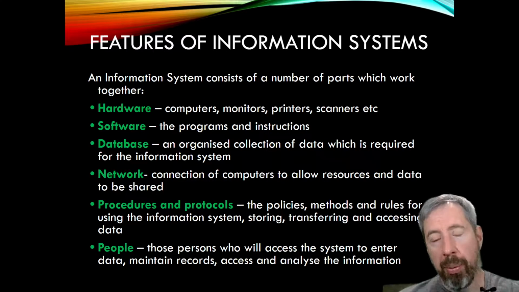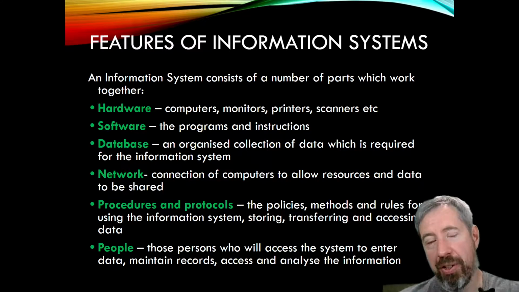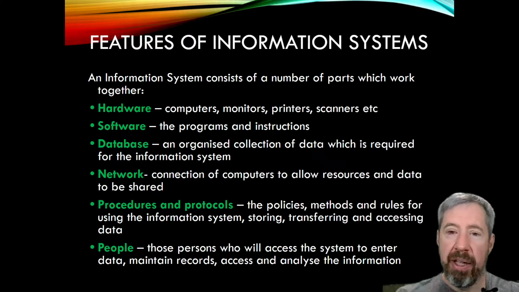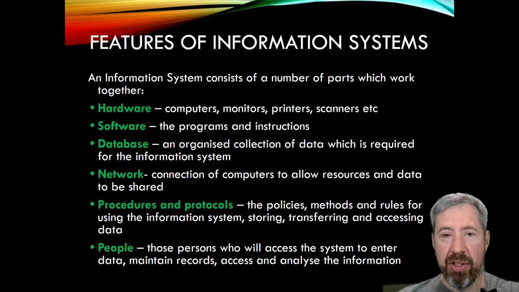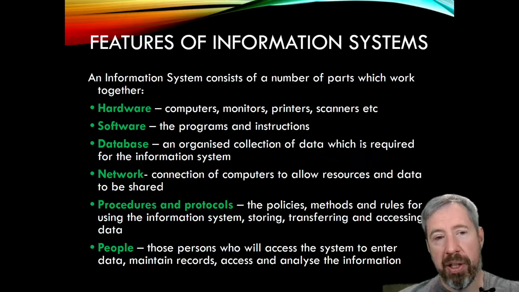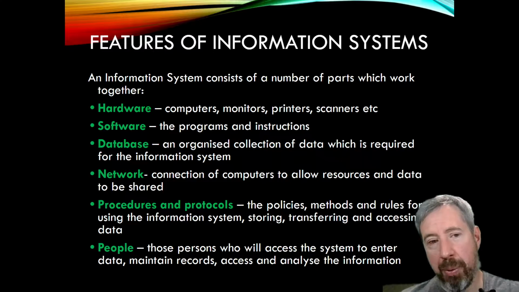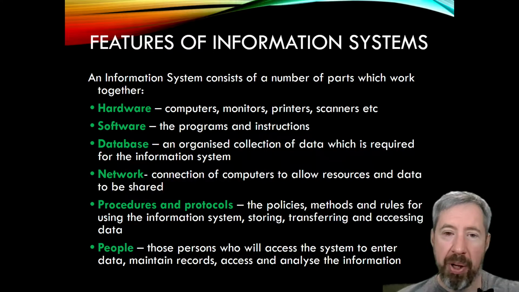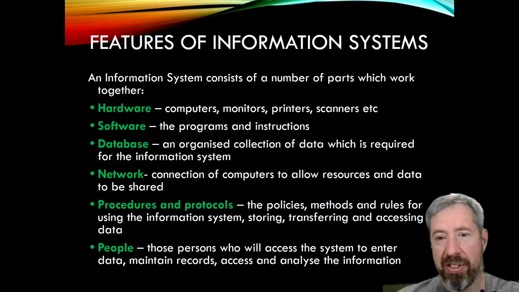But we're now on to the features of the information systems. So these are the parts that actually make that data processing system work. So you're going to need some hardware. So a company would have computers, like laptops, monitors, printers, scanners.